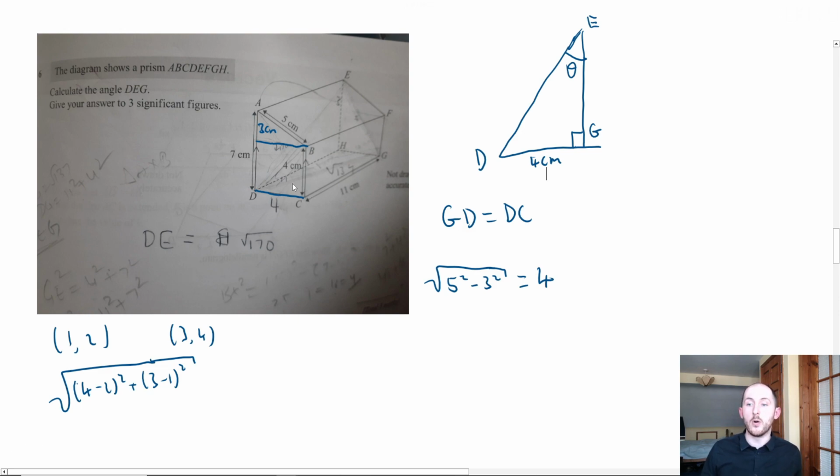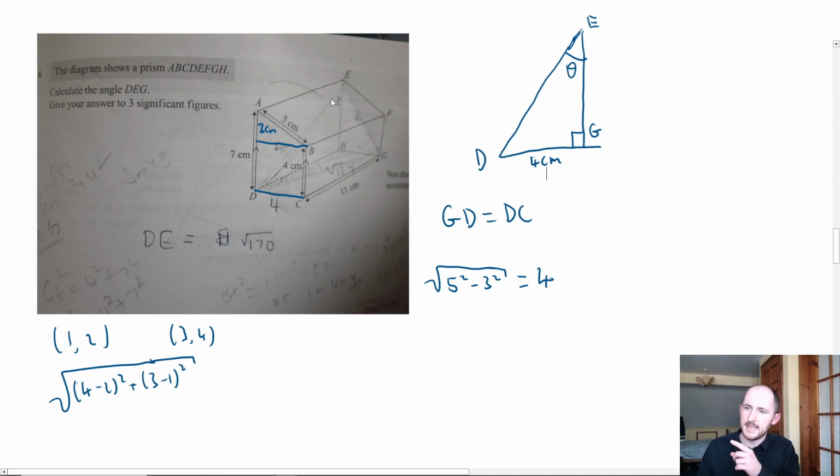It's not D. My bad, I wrote it the wrong way around. That's not GD, that's not EG. 4 would be the other side.